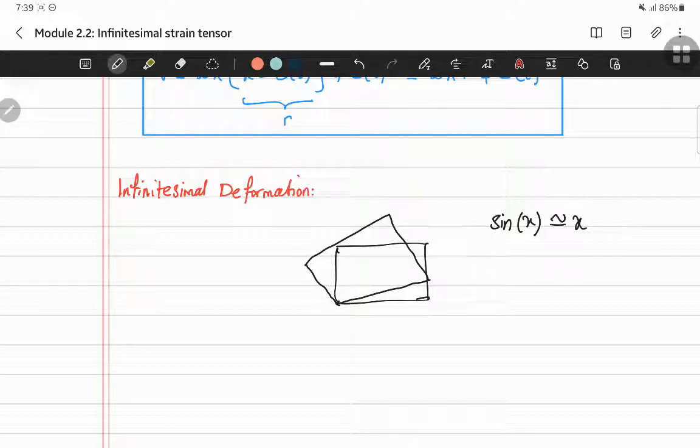By infinitesimal, we mean something like this: we have a very slight difference between the current and the reference deformation.